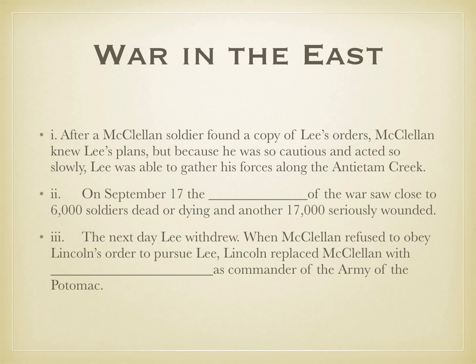He's so cautious and he acts so slowly that Lee is able to gather his forces along a creek in Maryland called Antietam Creek. And on September 17th, the bloodiest day of the war, saw 6,000 soldiers dead and another 17,000 seriously wounded. Antietam is known as the bloodiest day of the Civil War.